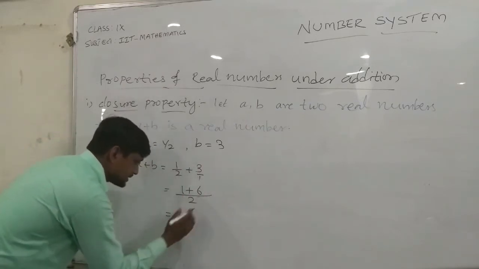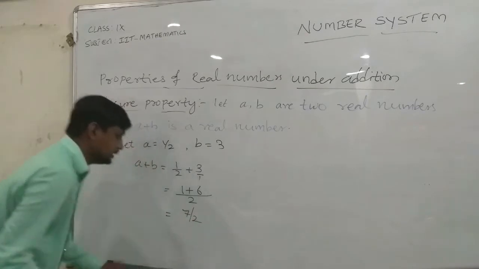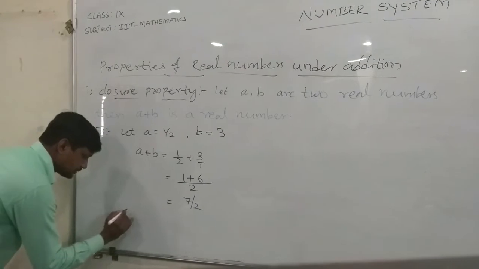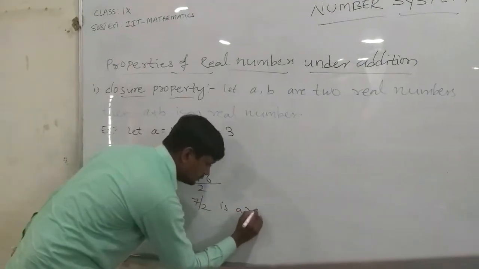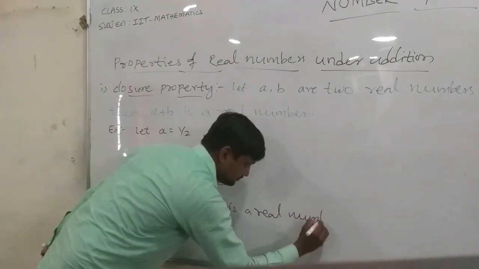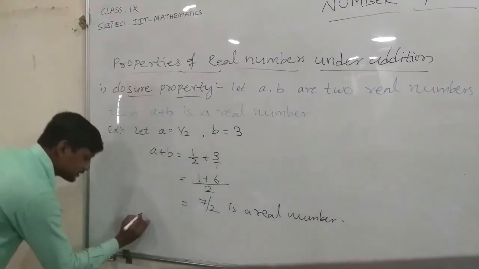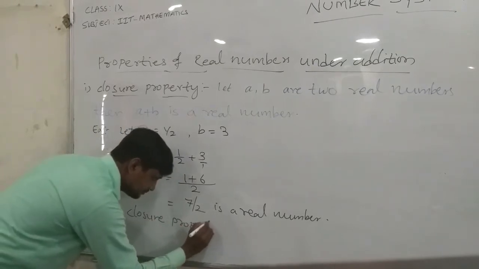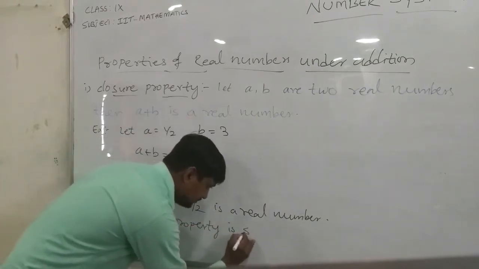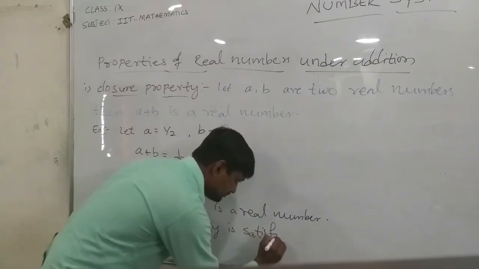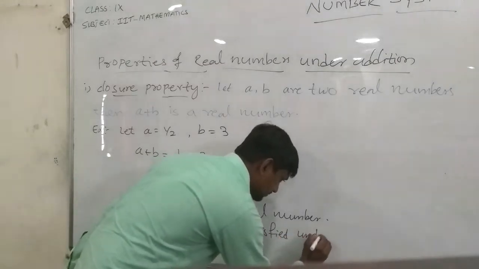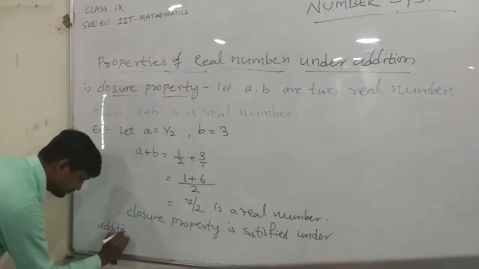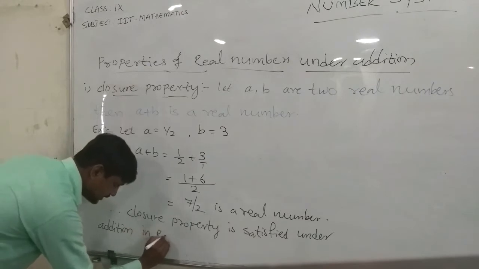So that's equal to 1 plus 6 is 7 by 2. 7 by 2 is also a real number. So therefore closure property is satisfied under addition in real numbers.